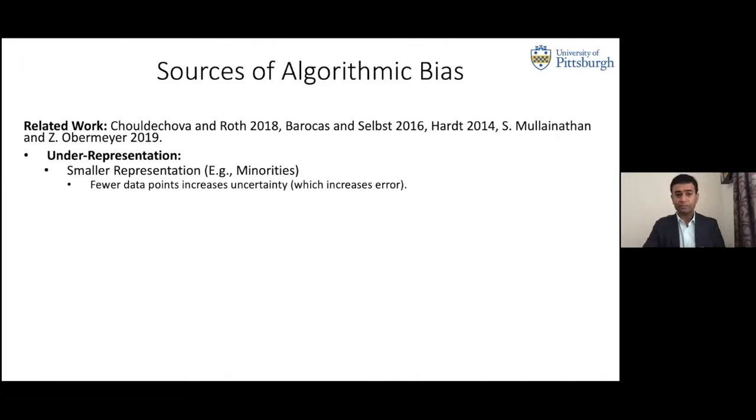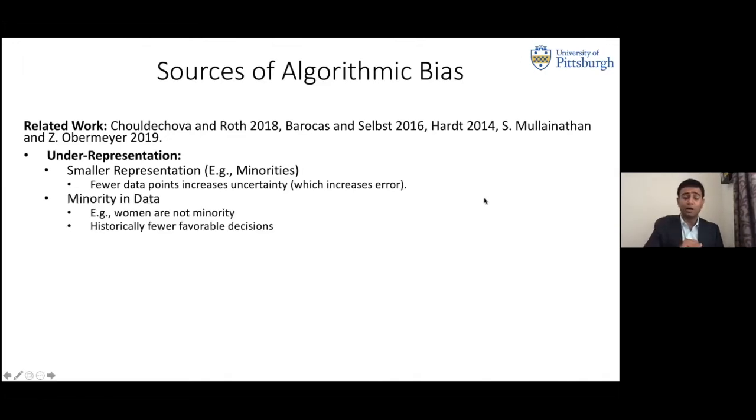So it is just that because you had fewer data points corresponding to one group, the algorithm becomes less accurate about them. But some groups are not minority in the physical world, but they are minority in the data. For example, women are not minority. They're half of the population. But typically, women are seen as minority in the data because historically, fewer economic opportunities have been given to them, like fewer jobs, fewer employment, fewer education opportunities, fewer loans.